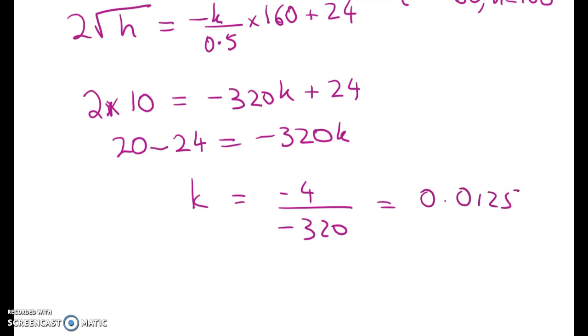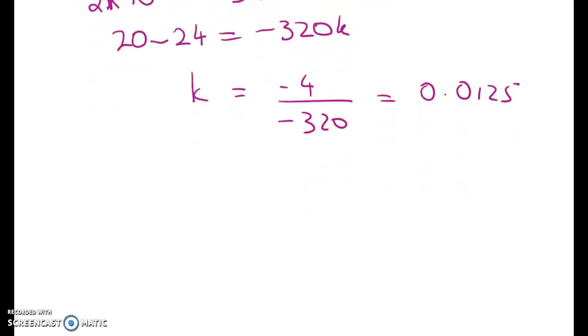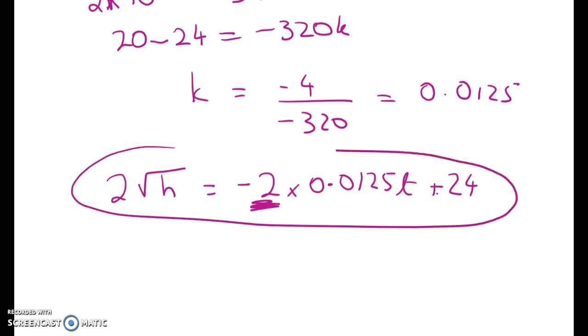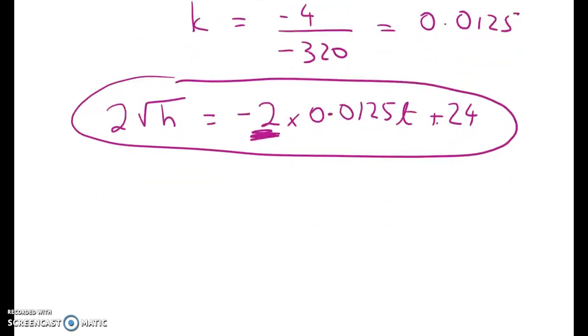0.0125. Finally, we can chuck that all back into our equation. So we've got 2 root H is equal to negative 2 times 0.0125 t plus 24. This is coming from the 1 over A. All I have to do is to solve for when H is 0. So I'm not going to explicitly get an expression for H because I'm working under time pressure.